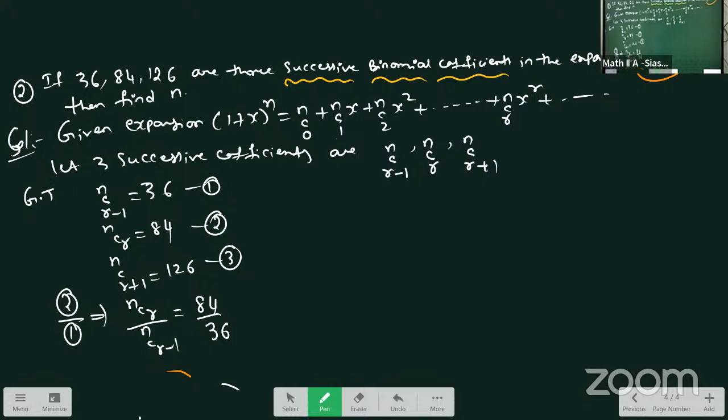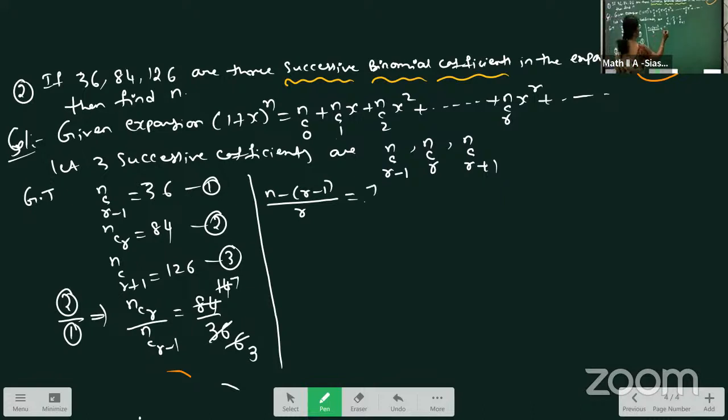Simplify, this can be written as N minus R plus 1 by R is equals to 84 by 36. You can cancel, this is 7 by 3.